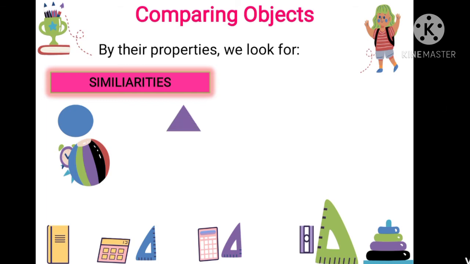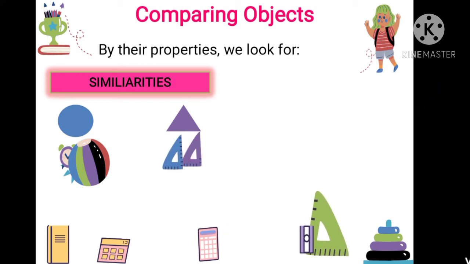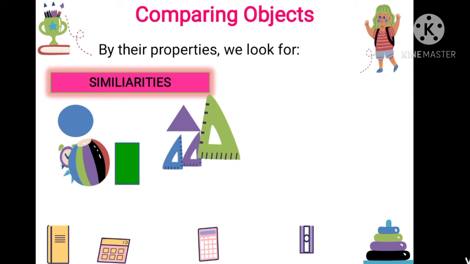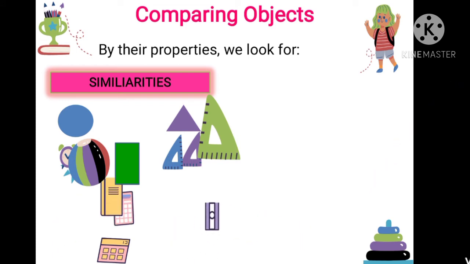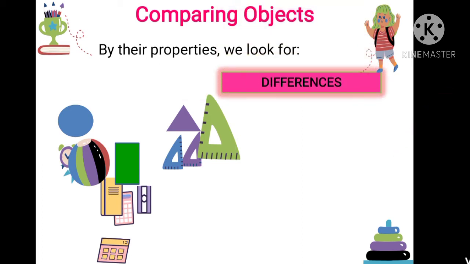What about this? I've got triangular. Which ones have the similarity? 1, 2, 3. So those three rulers are similar with a triangle shape. What about rectangular? This book, this calculator, this sharpener are rectangular. Besides comparing by similarities, we can also compare by their differences, such as size.